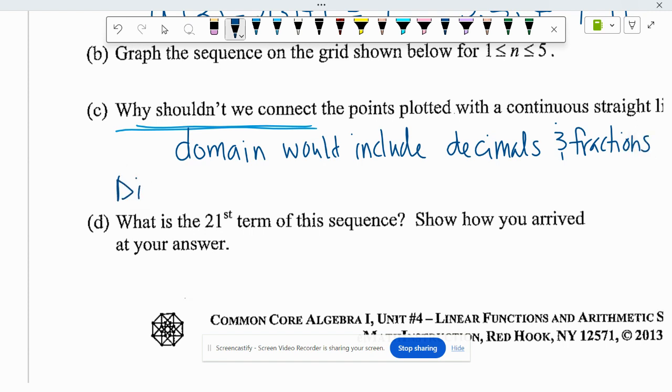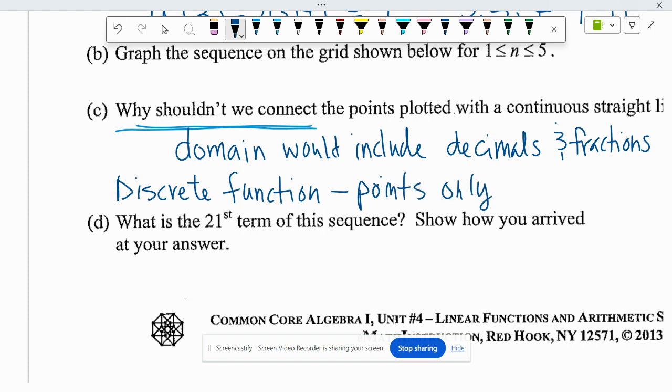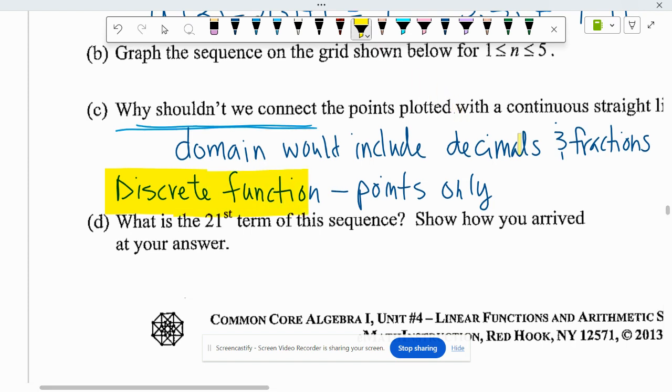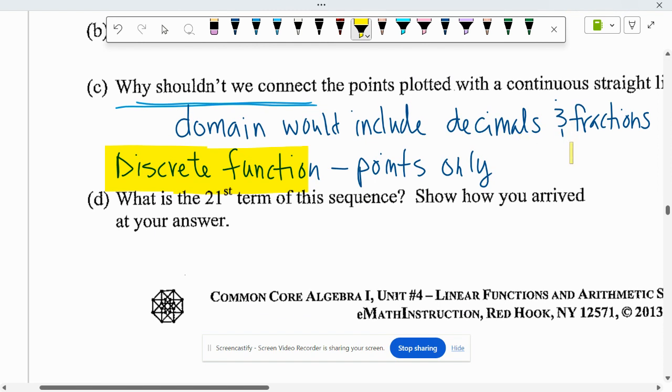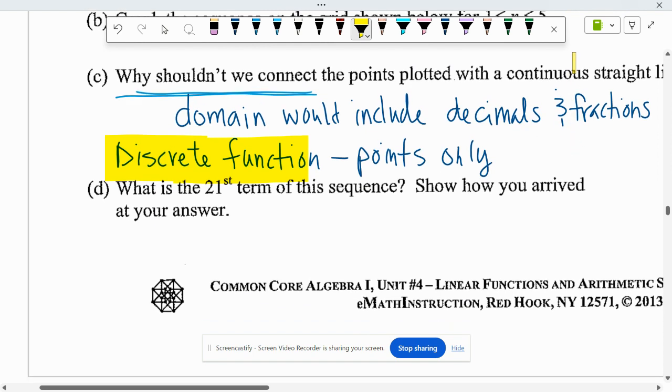This is called a discrete function because it's just points. We don't connect it with a line. It's a discrete function, points only. You'll see that word again, discrete function. It's points only, okay?